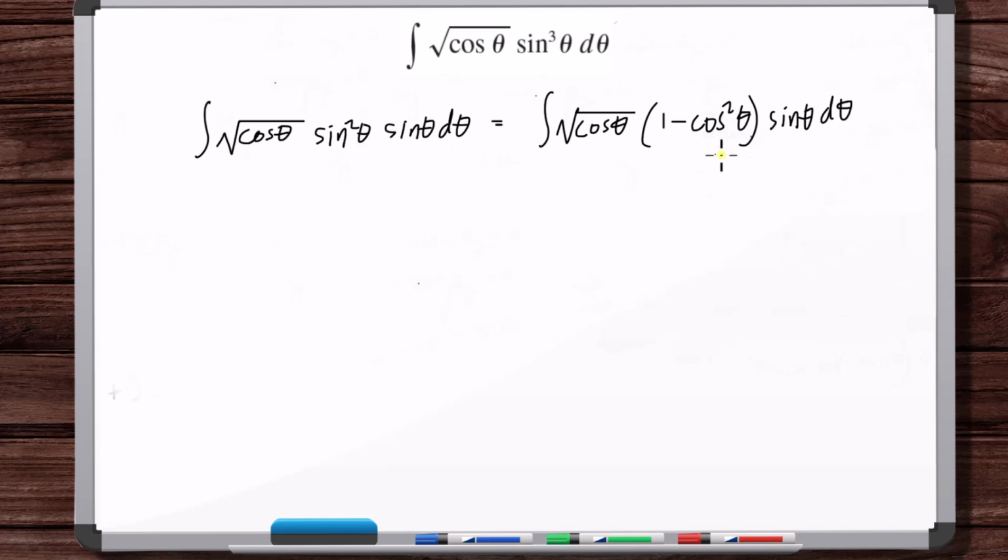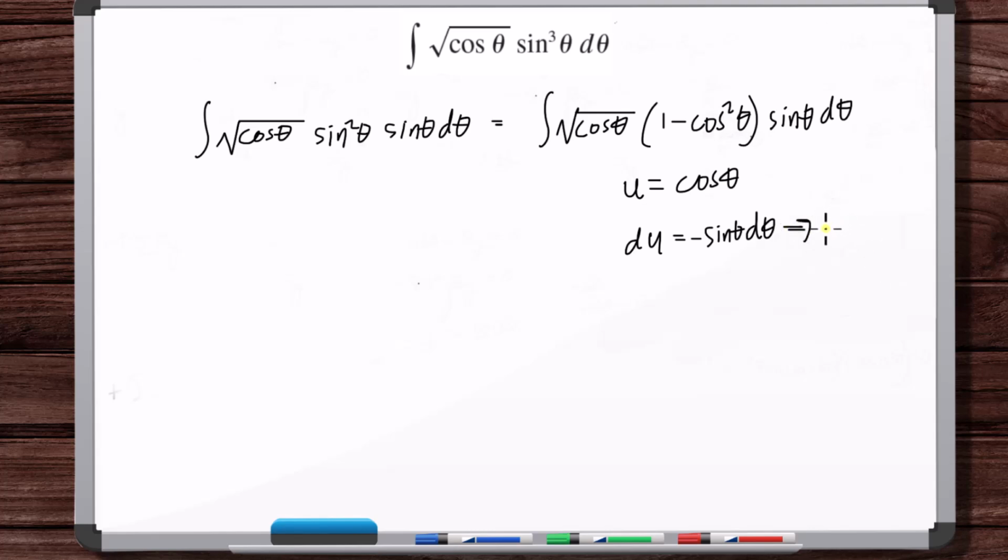And so what do we have? We've got sine theta d theta and then just some function of cosine theta. So that's going to allow us to make the substitution that u is equal to cosine theta, and therefore du is equal to minus sine theta d theta.